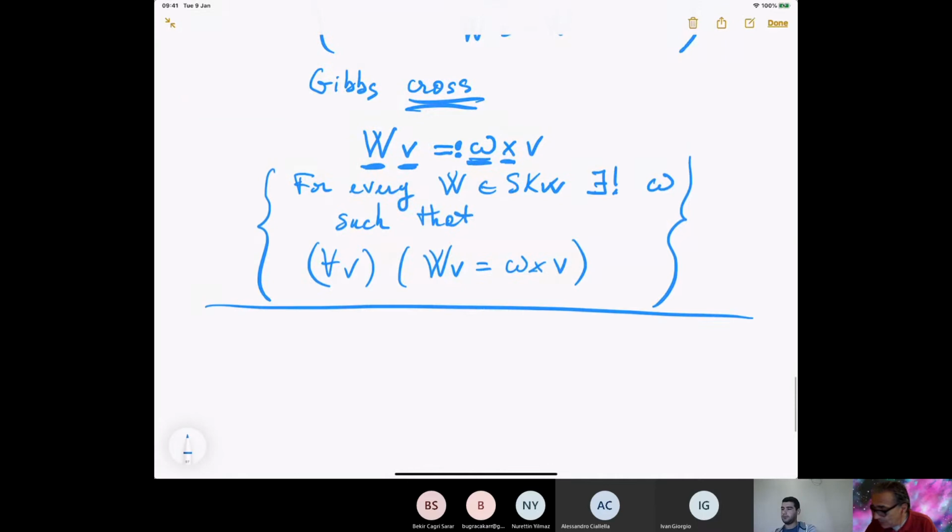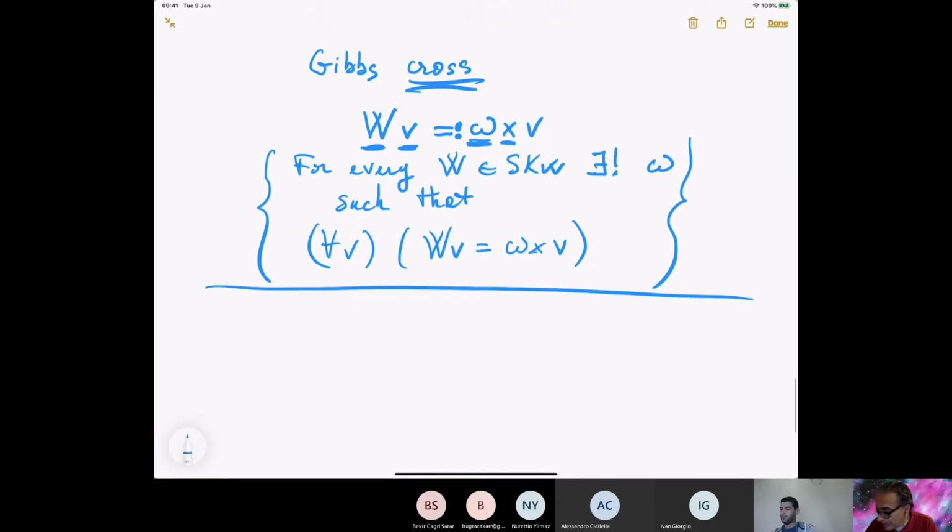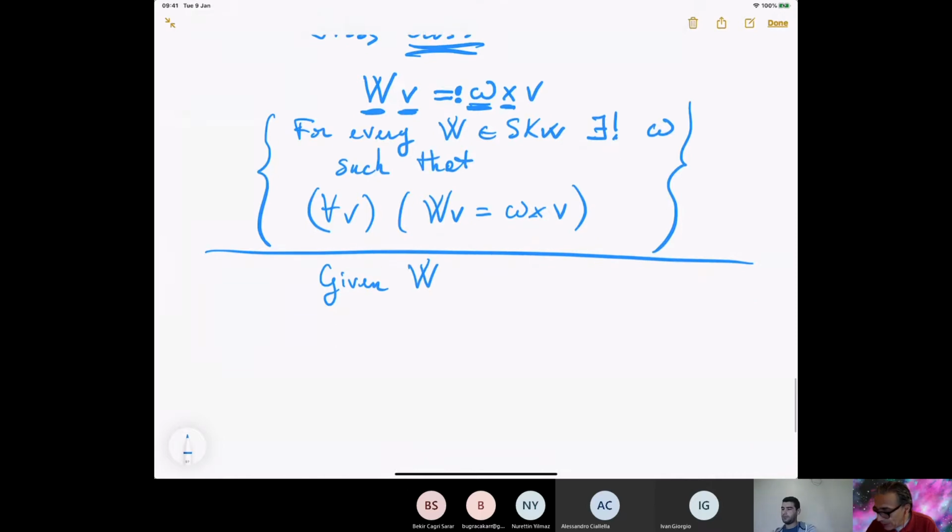Okay, so I give you this problem to solve. Given W, the matrix, so given the components W11, W12, W13, W22, W33, W23, and you have minus W12, minus W13, minus W23.